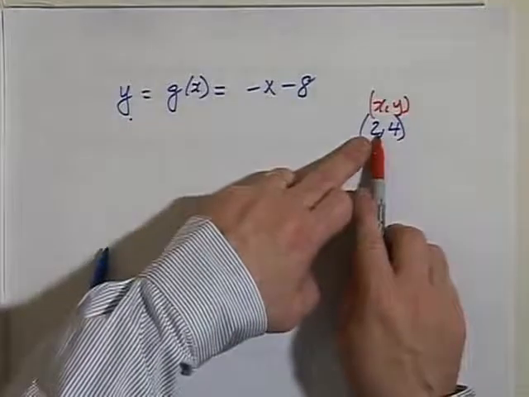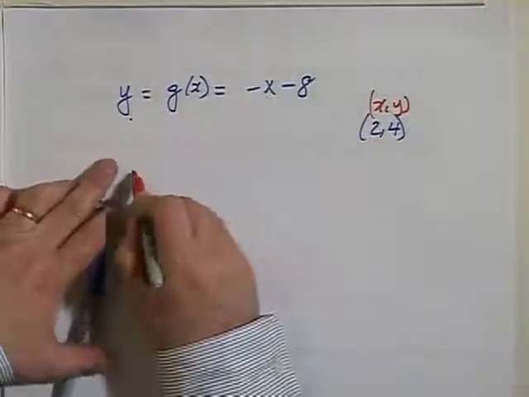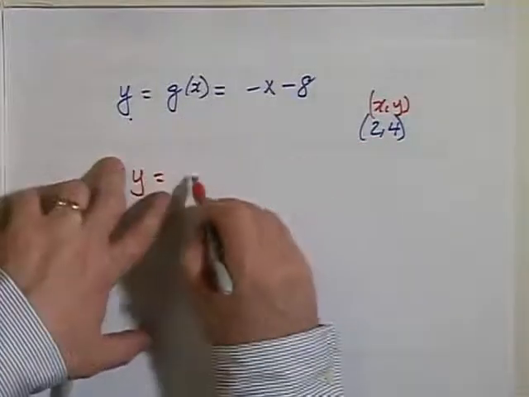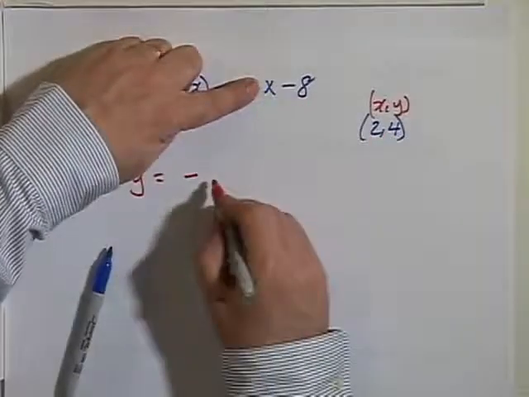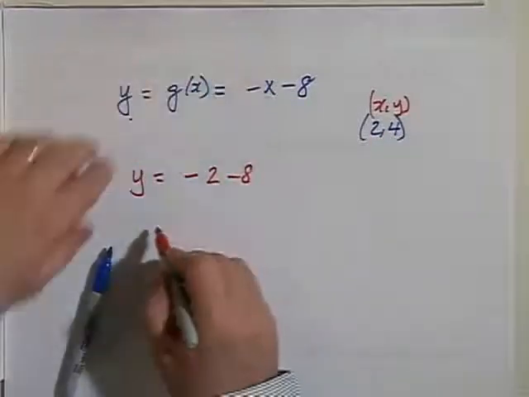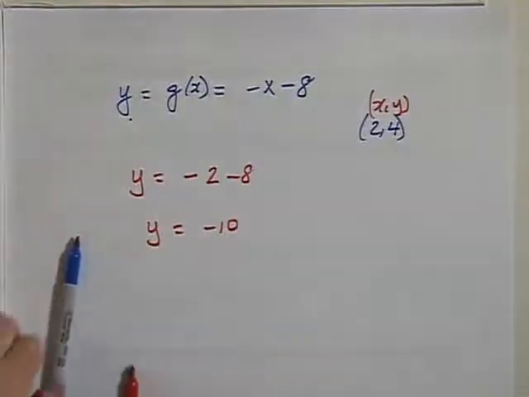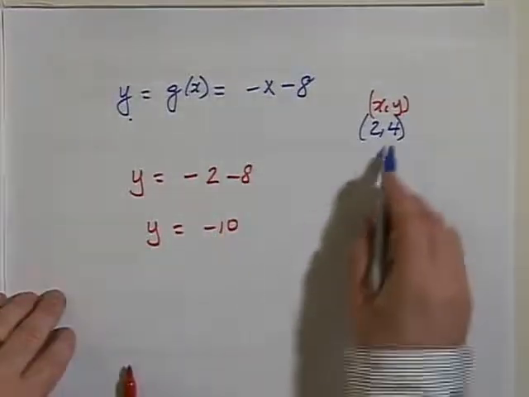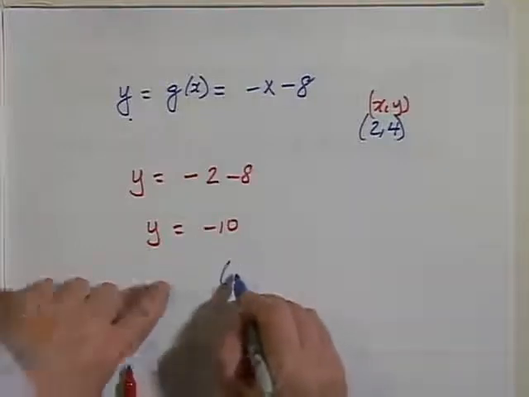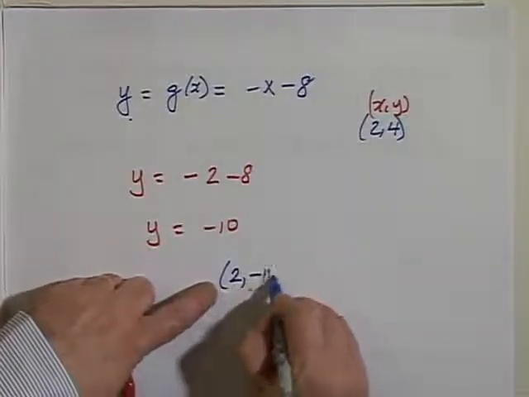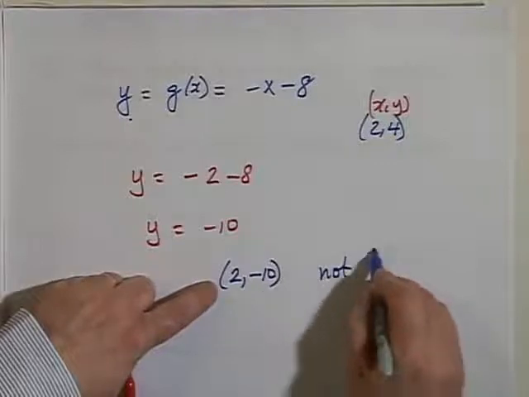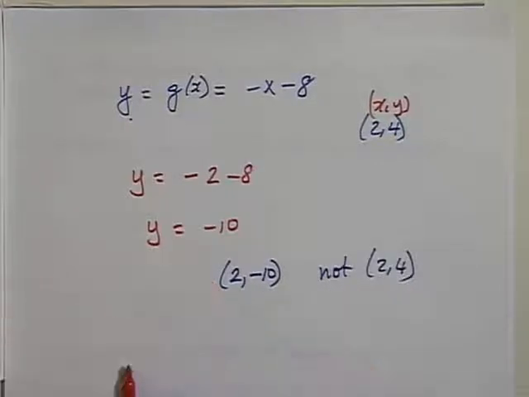Well, let's put in x of 2 in here. So we'd say y is equal to minus 2 minus 8. So y would be minus 10. So this would suggest that the point would be when x is 2, y is minus 10, not 4. That point is not on the graph.